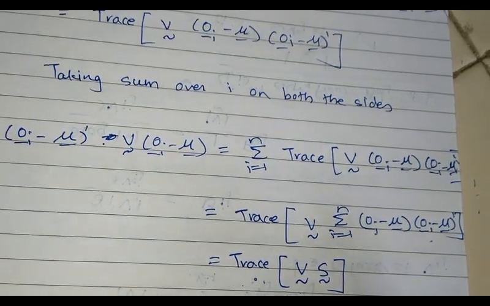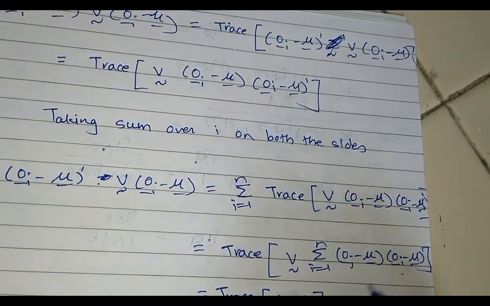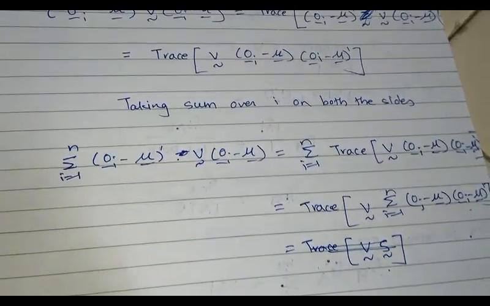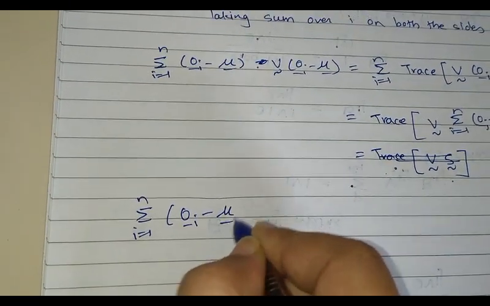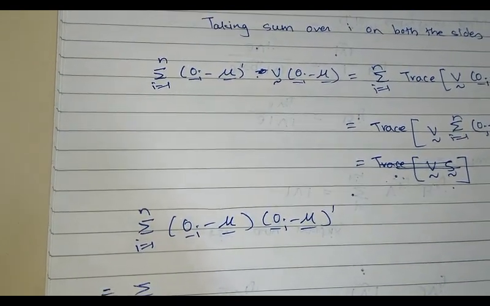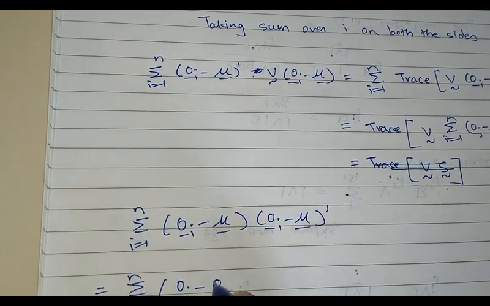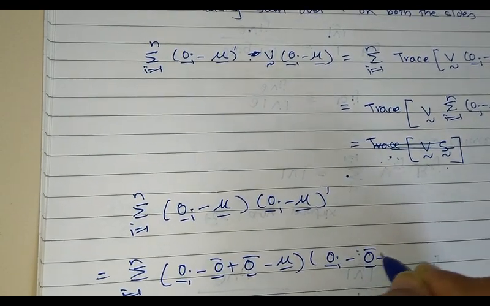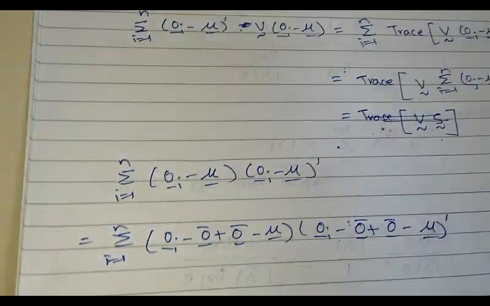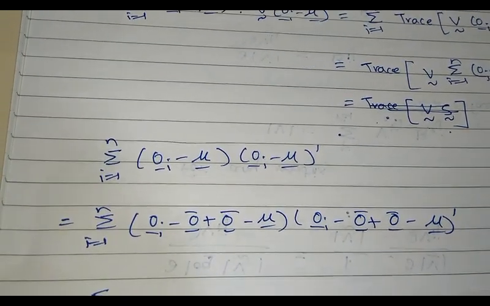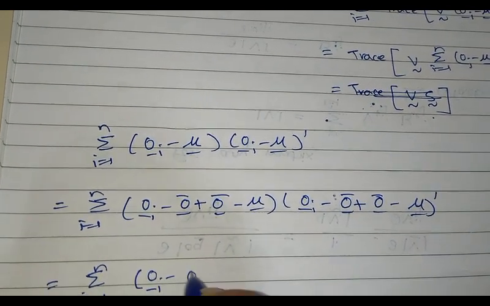Okay. No, wait. In my CSSP matrix, what I have is y bar. So let me try to bring in that y bar. So what I'll do is sum over i going from 1 to n, y minus mu into y minus mu prime. I will try to bring in the mean. So y minus y bar plus y bar minus mu, and then y minus y bar plus y bar minus mu prime. Okay, so I'm adding and subtracting the mean. So this becomes i going from 1 to n, y minus y bar.